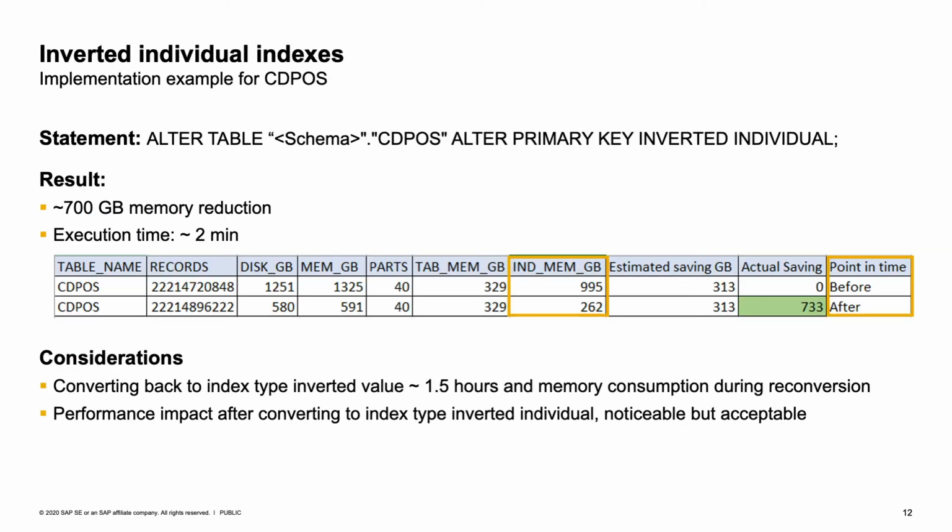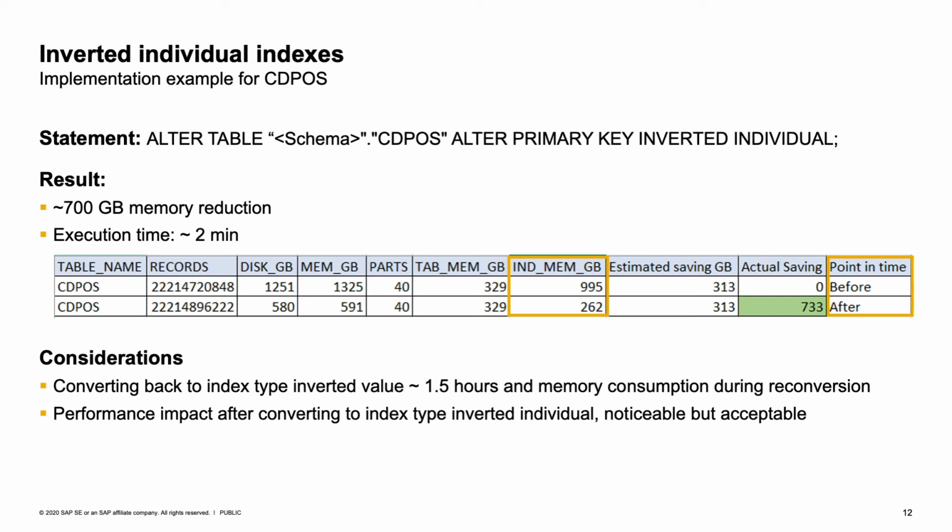Here is an example, again on CDPOS, a success example. The CDPOS primary key went down from close to 1 terabyte to 260 gig. Savings were about 700 gig. The magic thing about this operation was it took only 2 minutes.